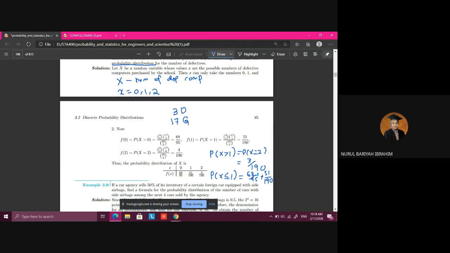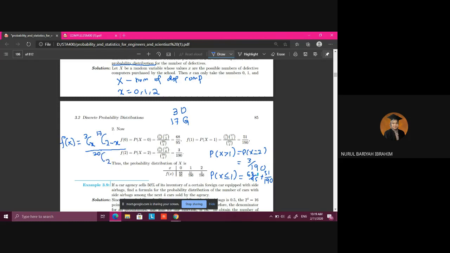Okay, and from some situations or experiments, we can create the function of it. Here we can actually create a function. The function can be like this: a constant, 3Cx multiplied by 7C, not n, it is 2 because we already know we only choose 2, 2 minus x, divided by 20C2.